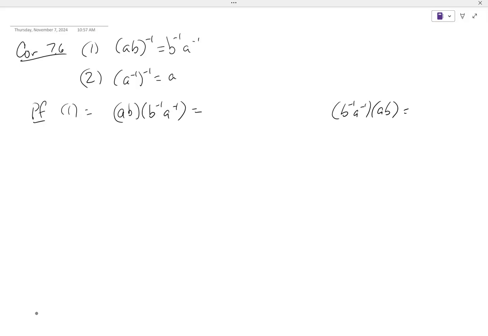You're thinking about the right idea by trying to put the elements together that need to cancel. Just put the parentheses around B inverse. Yeah, let's do that first. Good. So let's use the associative property to regroup. And then inside the parentheses now, we get the identity. Usually we use E rather than 1.